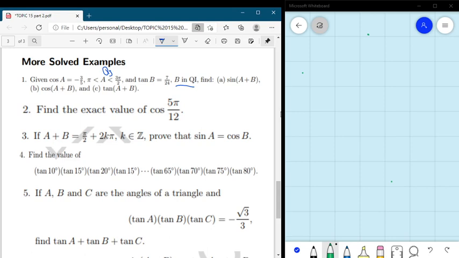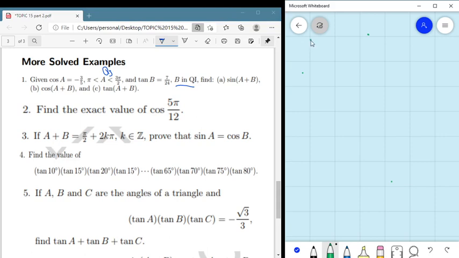So, since we are given that cosine A is equal to negative 3 over 5, we will find sine A, which is the square root of 1 minus cosine squared A. So this will be the same as 1 minus negative 3 over 5 squared.